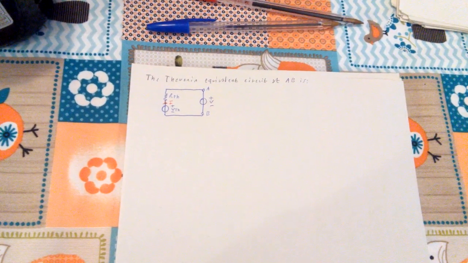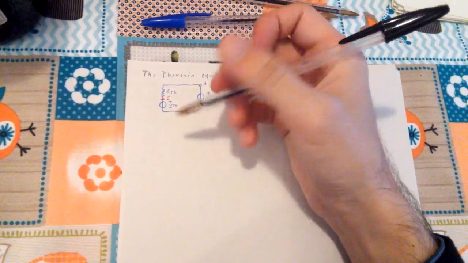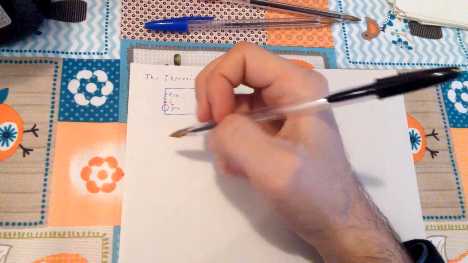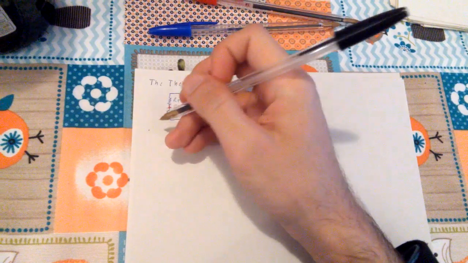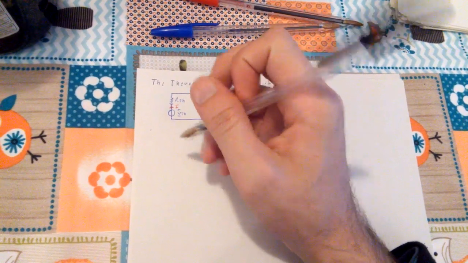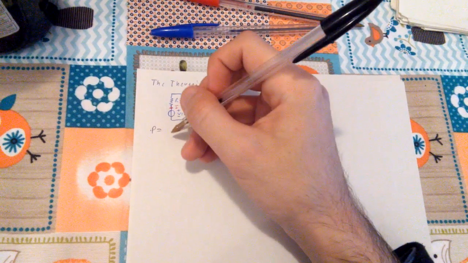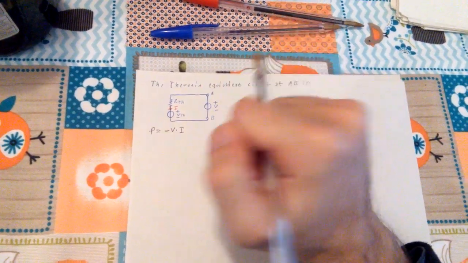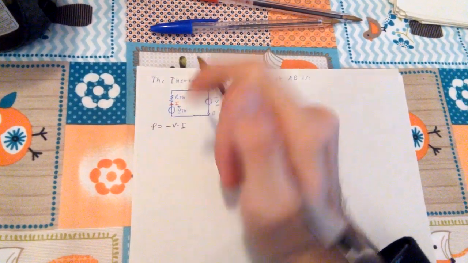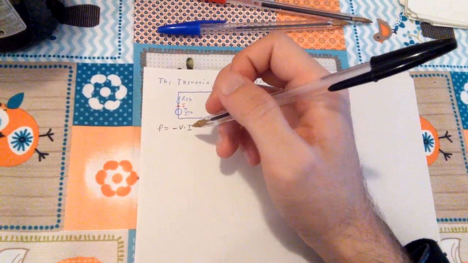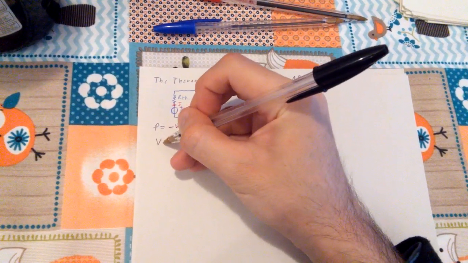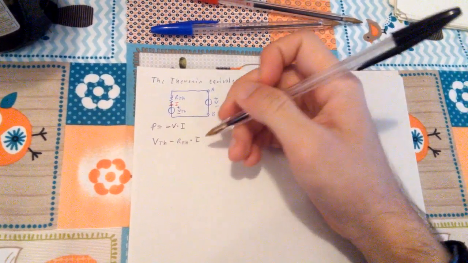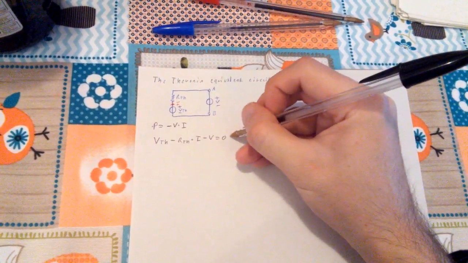So now I can finally find the power P that the problem was asking for. P is actually going to be given by negative V times I, but there is a problem. We don't know I, so we gotta find I first. But finding I is actually pretty simple, because VTH minus RTH times I minus V is equal to 0.